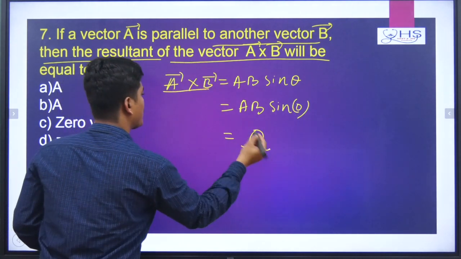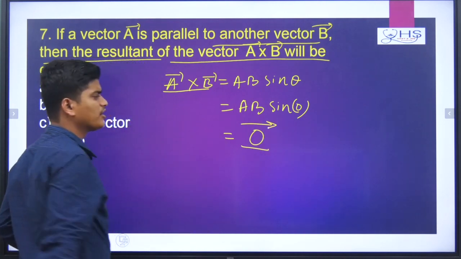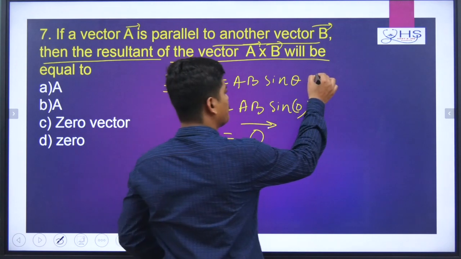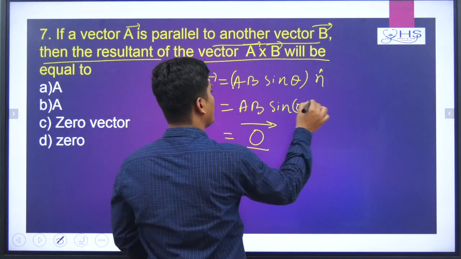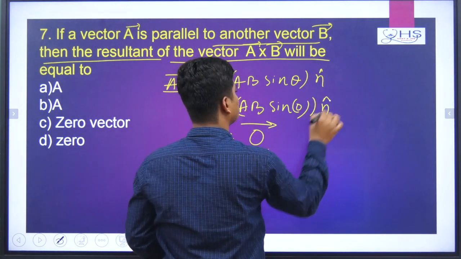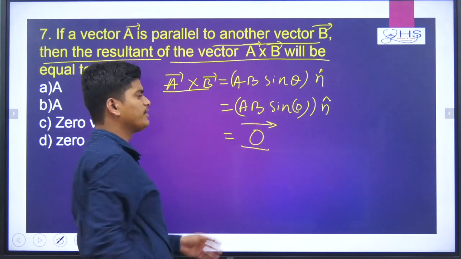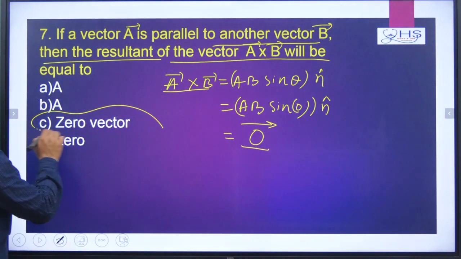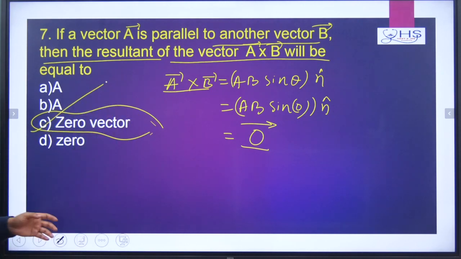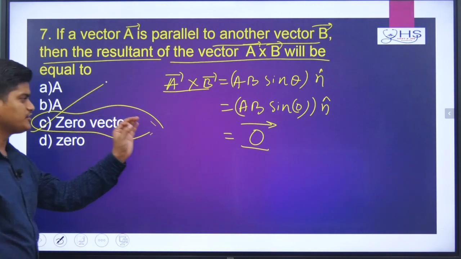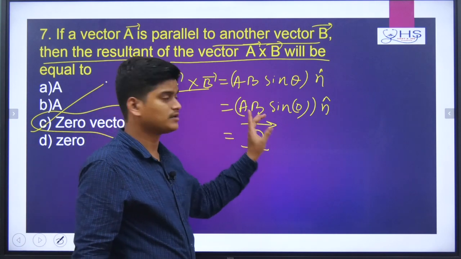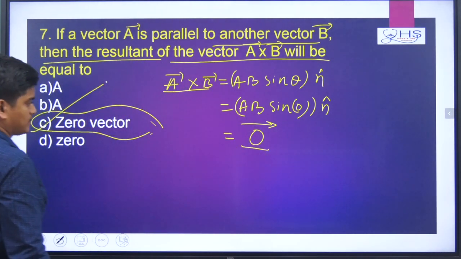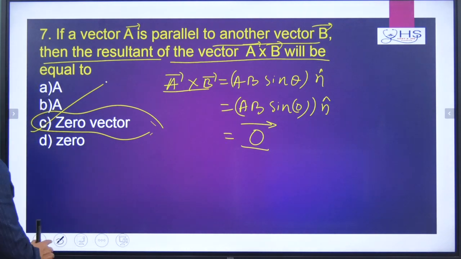But remember, it will be a unit vector multiplied with that, and after multiplication the result will be a 0 vector, which is option C. Remember, the answer is 0, but you write it as a 0 vector, because A cross B result is a vector. Result is a vector, that's why it is 0 vector.